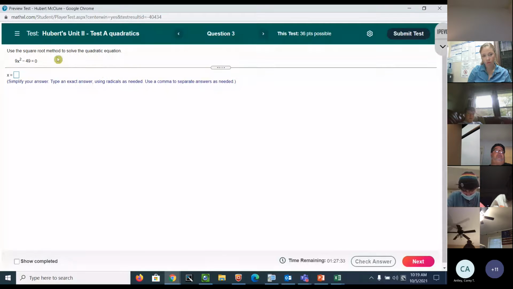Use the square root method to solve the quadratic. That's 9x squared minus 49 is equal to 0. So 9x squared equals 49. Divide by 9, divide by 9. Take the square root. That's going to be positive or negative 9 over 3, which is positive or negative 3.